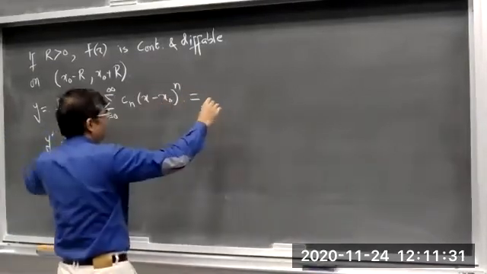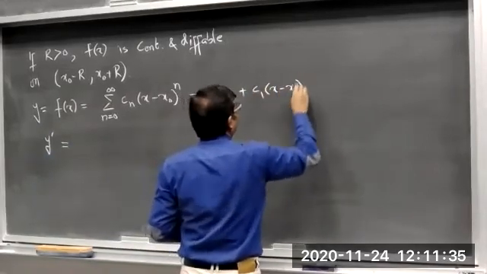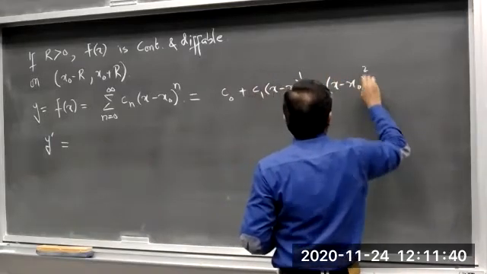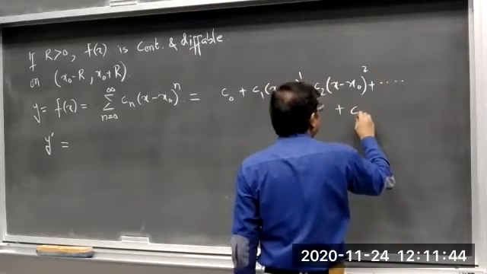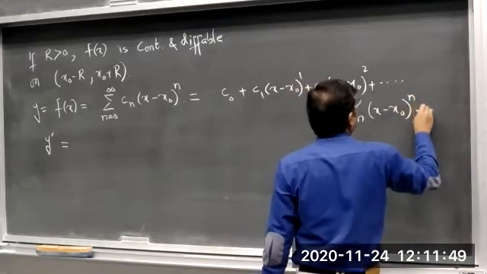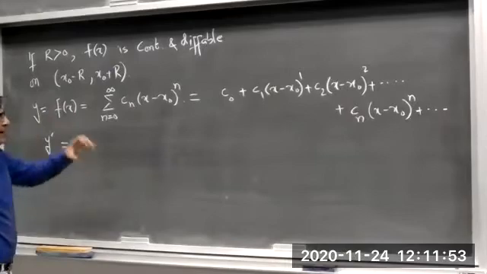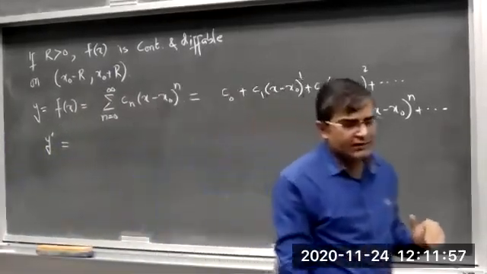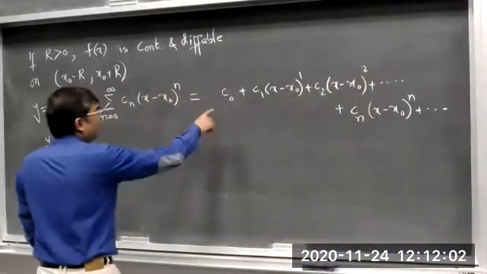If we open this summation, we can write c naught plus c1 (x minus x naught) to the power 1 plus c2 (x minus x naught) to the power 2 plus so on, plus c_n (x minus x naught) raised to power n plus so on. This is how we can open the power series, and by taking the derivative of each term, this is called term by term differentiation of a power series.